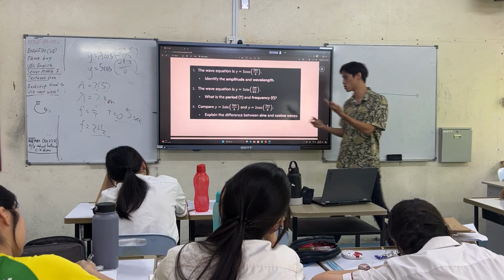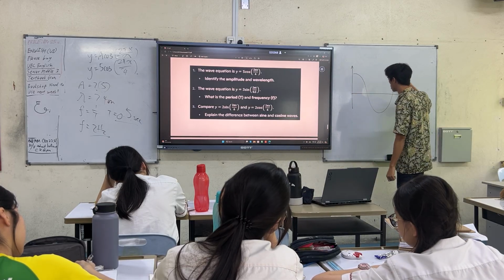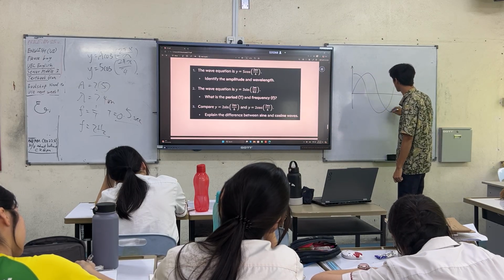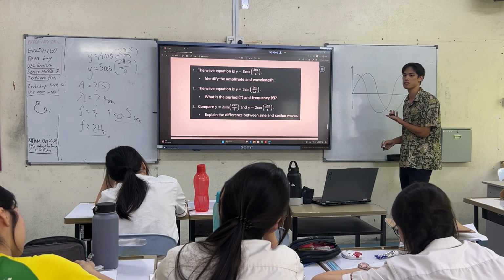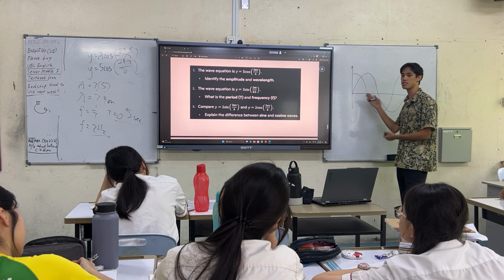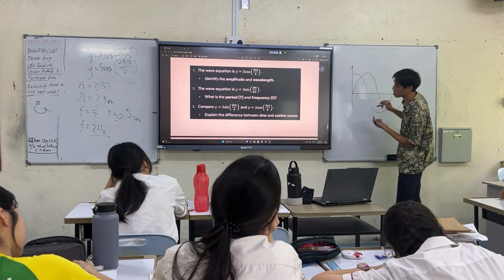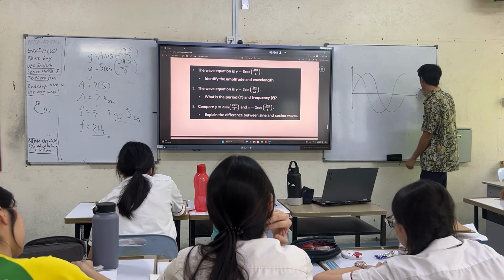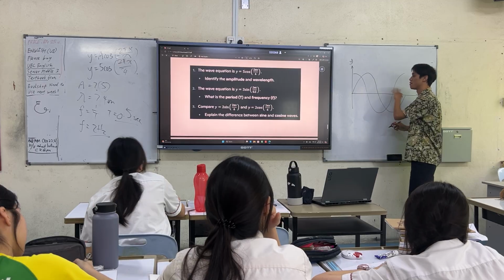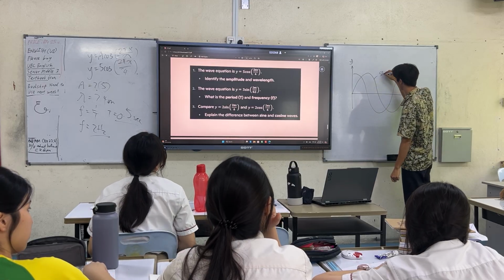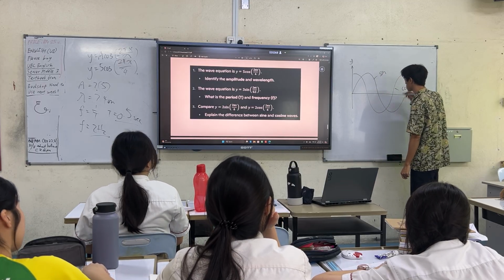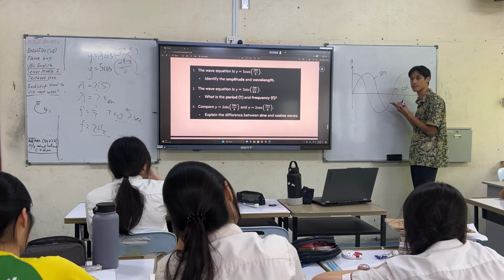If 2 cos, the wave is like this one. If 2 sine, the wave looks like this one. Is it time? No, it's position. So this one is sine, this one is cos. Very simple.